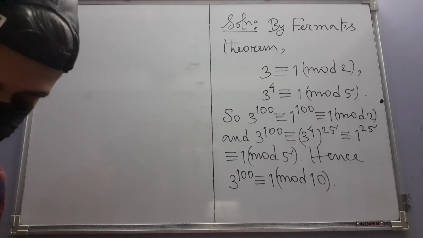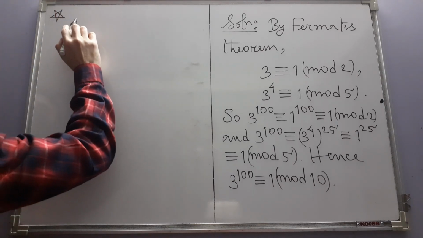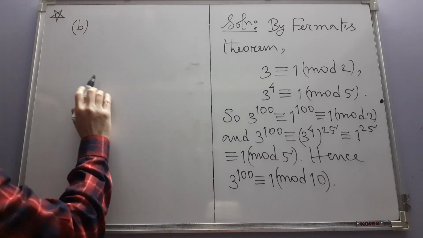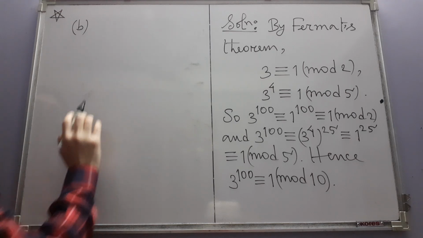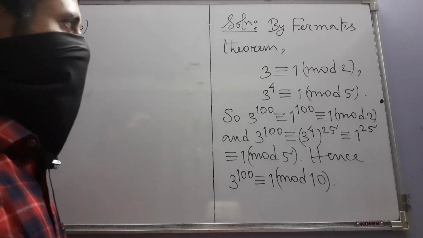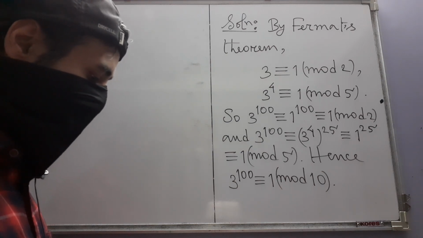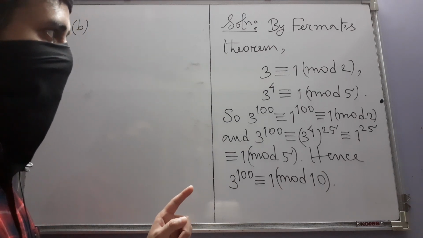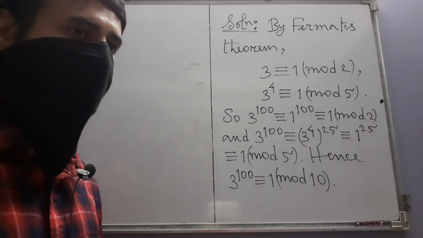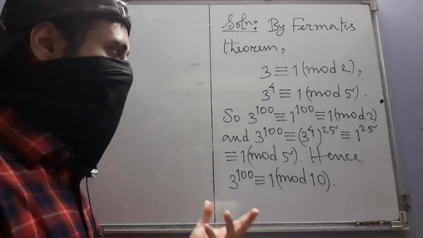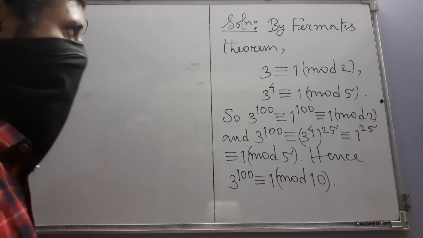Next, part B. For part B though, because we will be working with any integer a, we have to apply the other form of Fermat's theorem, or rather the corollary that we get from Fermat's theorem.